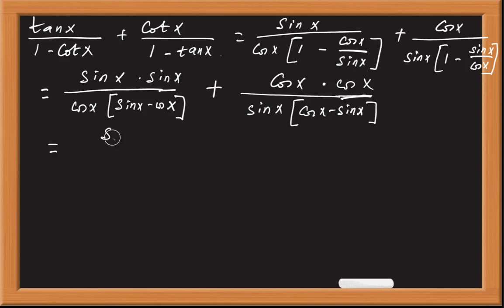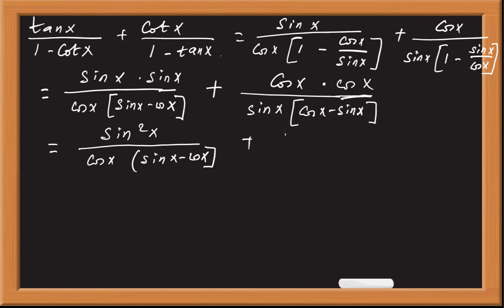So sine x times sine x is sine squared x, over cosine x times sine x minus cosine x. That should be parentheses, not brackets here.